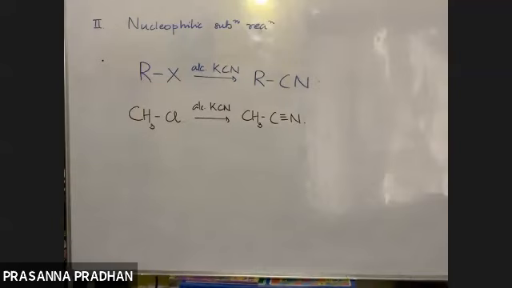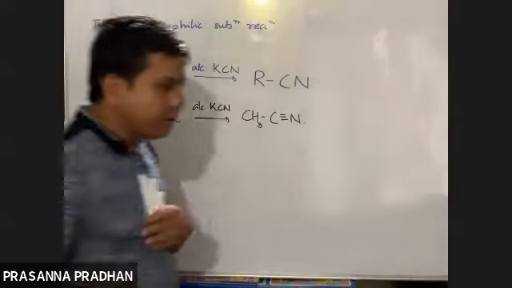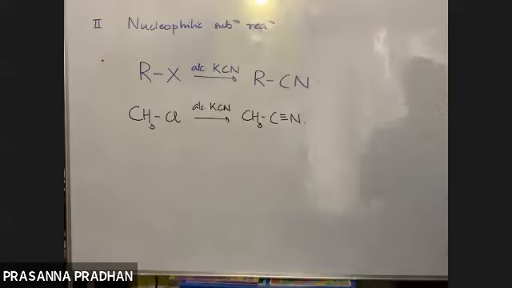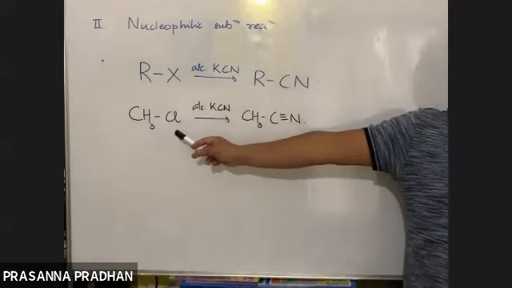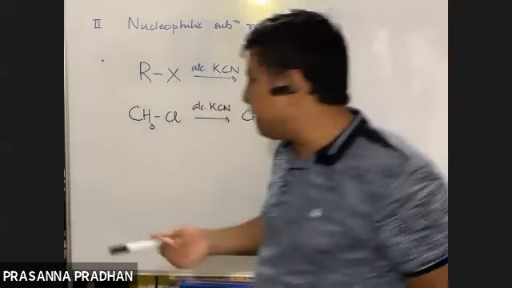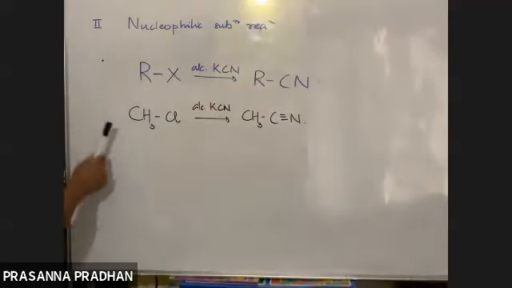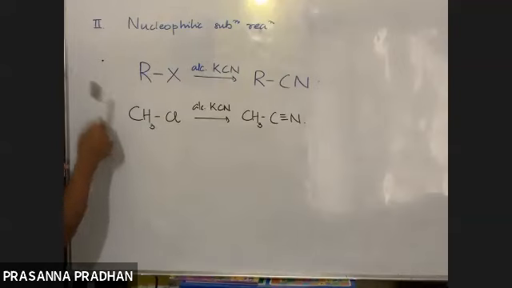The halide will get substituted by cyanide. Why is this reaction so important? Why do we need to remember this reaction? Because in the starting compound, we started with a compound having one carbon atom.